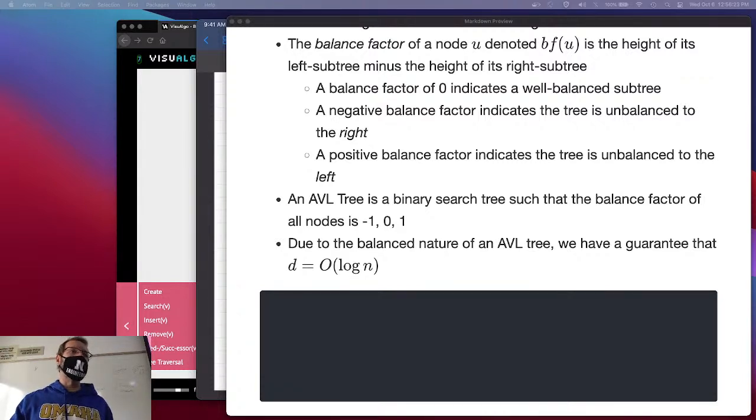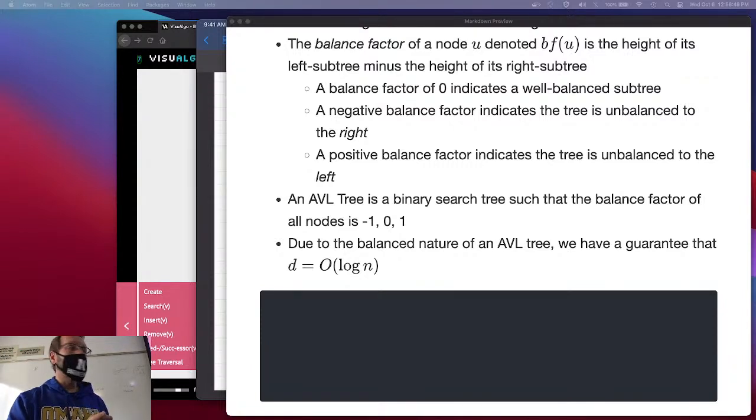You can establish a lower bound, and then there's some constant there in log, and then an upper bound, and there's another constant. But we don't have to go over that. But by achieving an order log n depth, that means search is going to be order log n. That means insertion is going to be order log n. Crossing my fingers there. And then deletion is also going to be order log n.